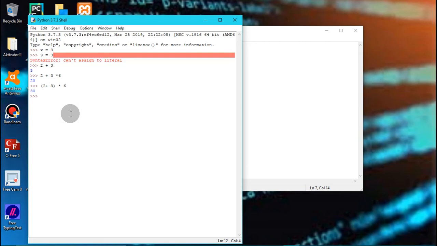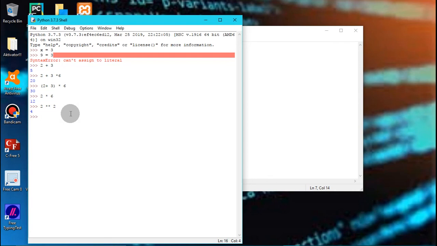So let's have some basic multiplication. We have 2 times 6, which is 12. We have the double asterisk exponent. If you don't know what an exponent is, it is just like 2 to the power of 2, which is 4. And the division of numbers returns a floating point number.